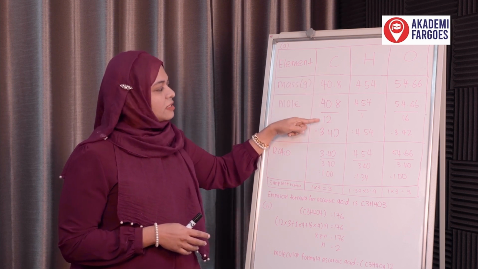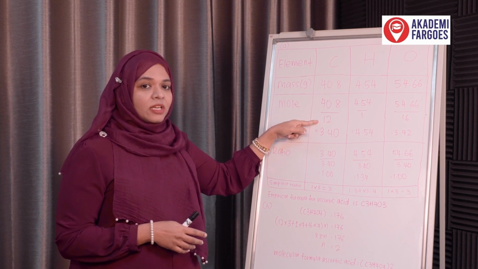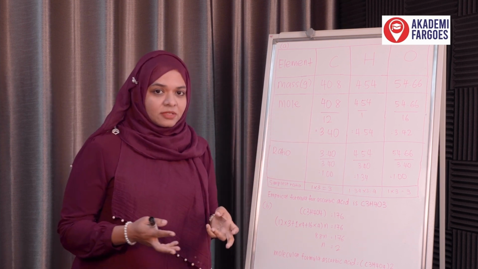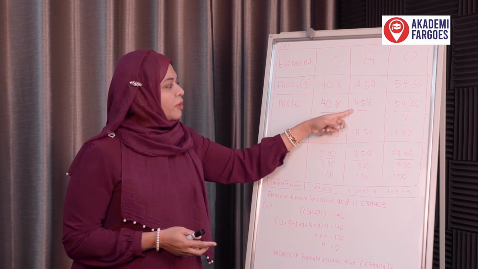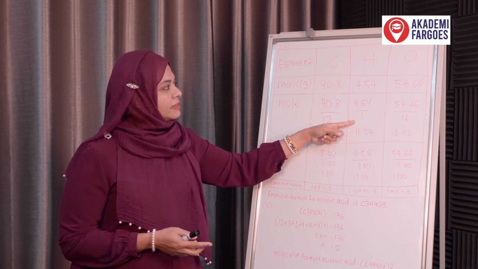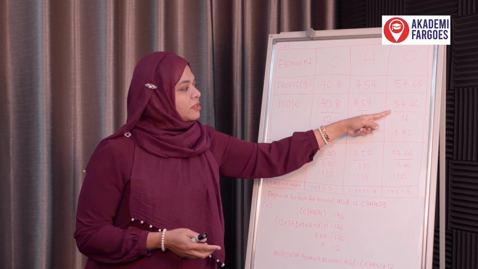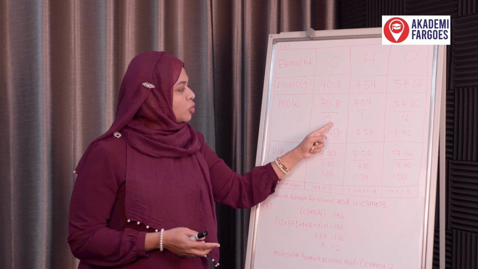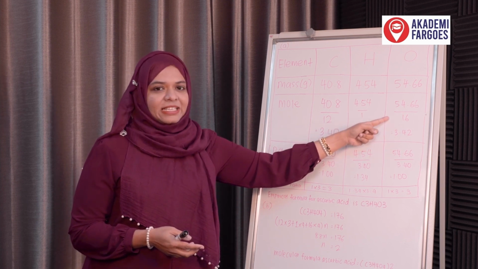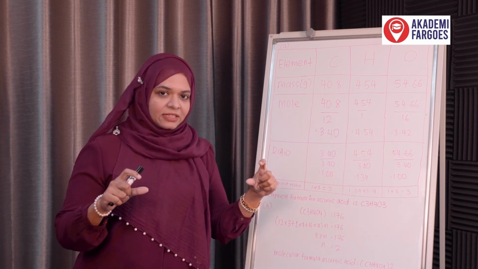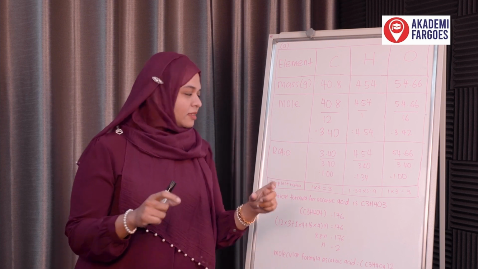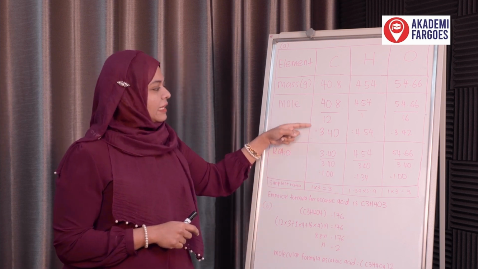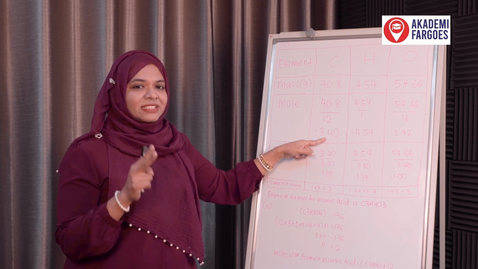The molar mass is 12. The molar mass we will be given in the exams. Hydrogen 4.54 divided by 1 and oxygen is 54.66 divided by 16. 12, 1 and 16 actually is the molar mass that it will be given in exams. Okay, once you calculate, take only 2 decimal points.